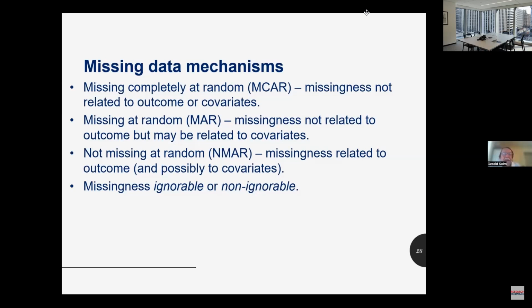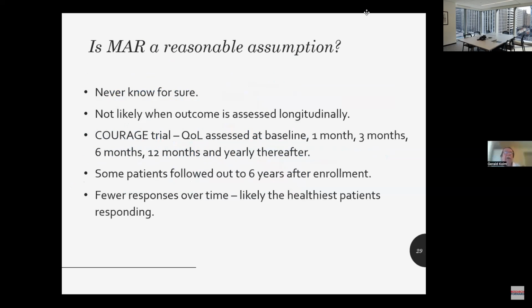And then the last category, not missing at random or not ignorable, means that missingness is related to the outcome and probably to the covariates. Now, the thing about dealing with missing data is that you really never know for sure which is the correct assumption.